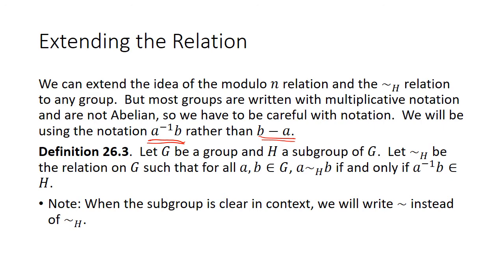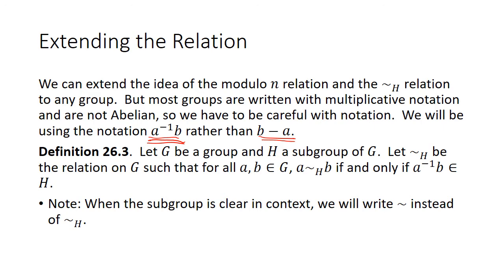If you were to write B minus A in multiplicative notation, it's a little bit tricky to say whether you should put the minus A first or the B first, since additive notation is abelian, but it's more traditional that the A inverse goes first, so we'll put the A inverse first there when we extend this to multiplicative notation.